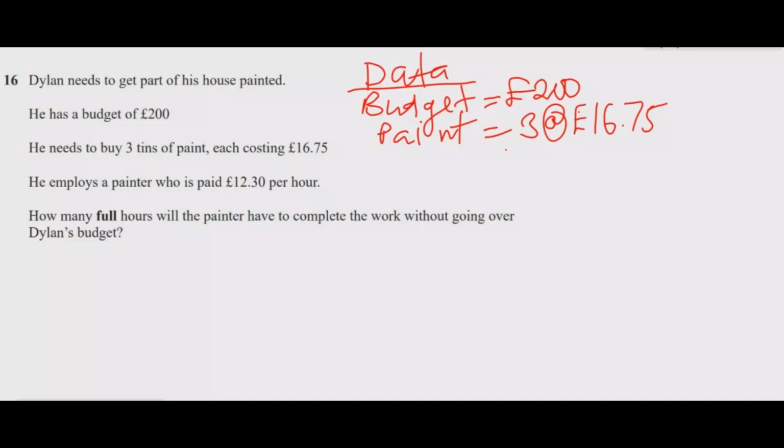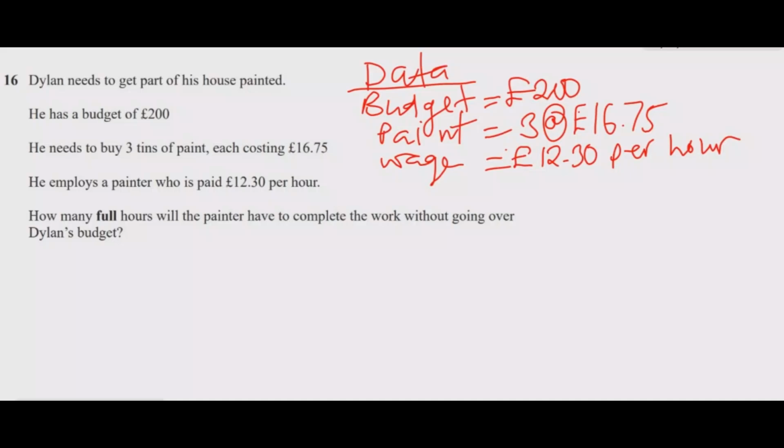Then he has to pay the painter, so the wage is £12.30 per hour. We don't know how many hours; it's just that the painter is charging £12.30 per hour.